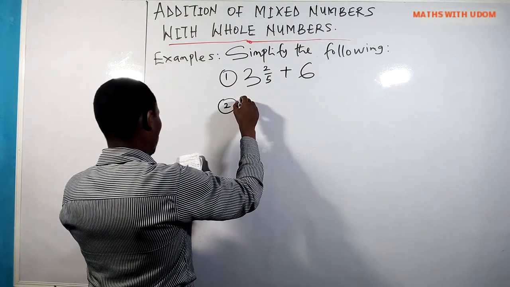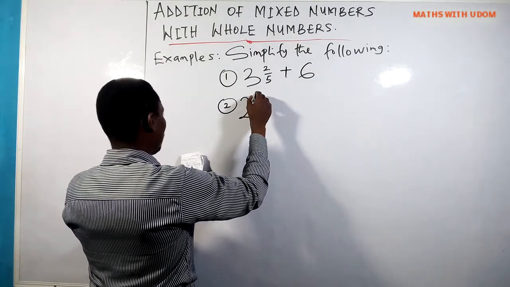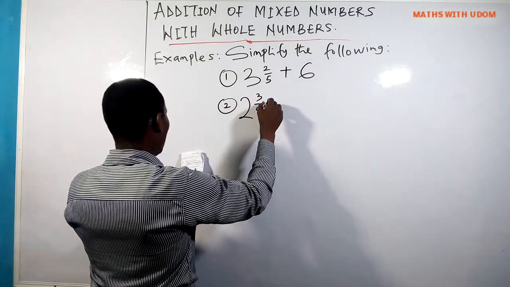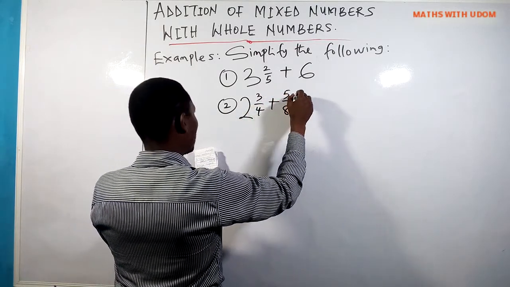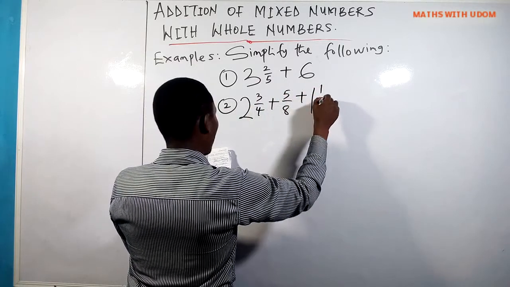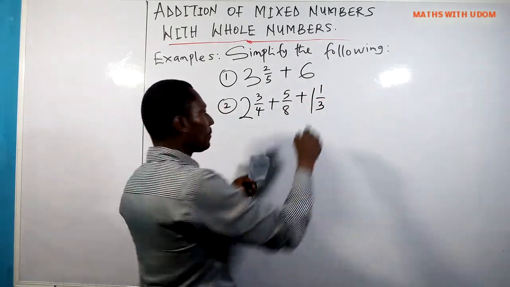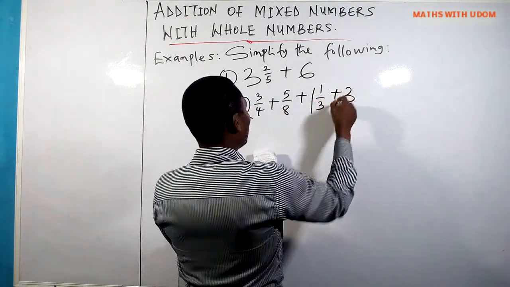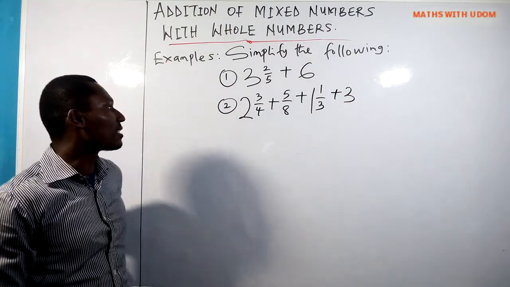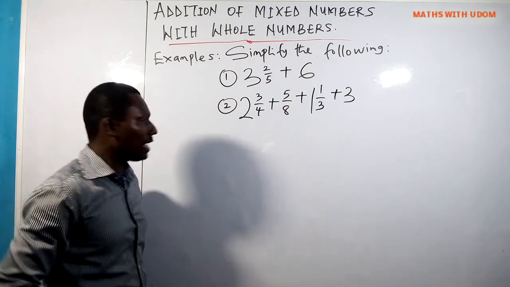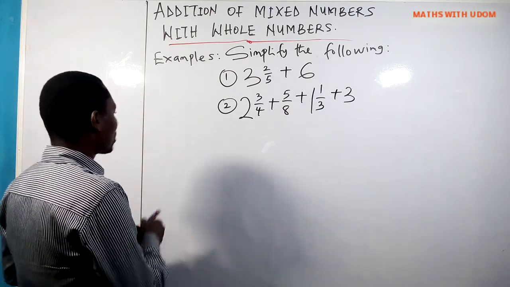We have 2 whole number 3/4, 5/8, 1 whole number 1/3, and lastly we have plus 3. So these are our examples for today. Okay, so we are going to start solving them now.